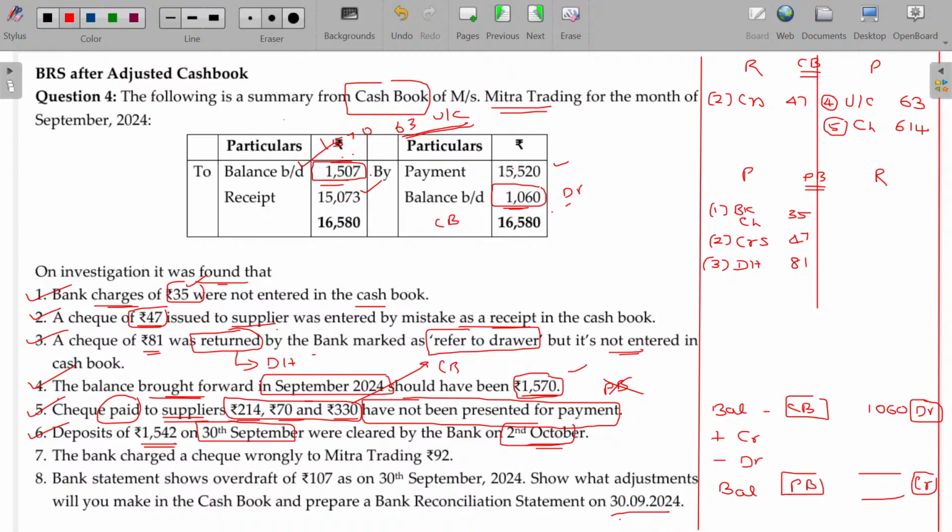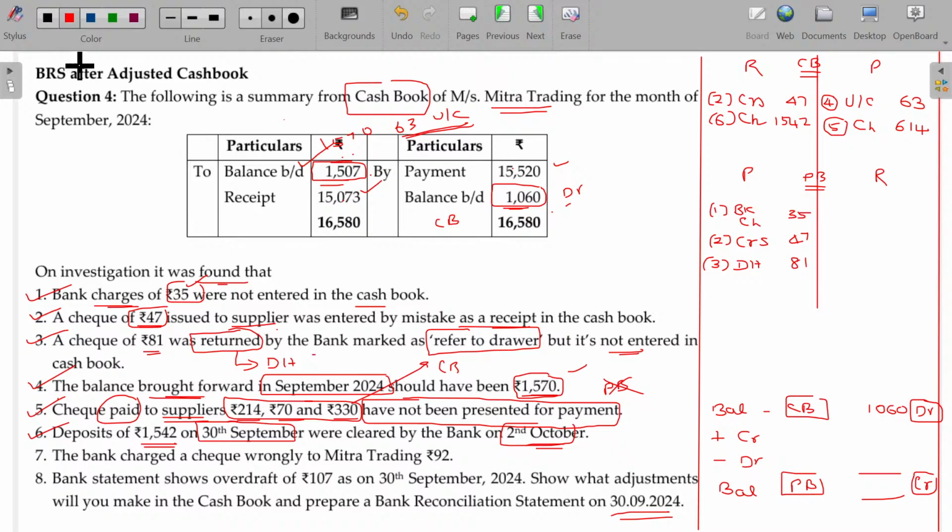We are going to prepare the BRS on which date? 30th. As on the 30th, banker has not recorded. It means I could have recorded only in my cash book. 1542, banker not recorded. So, sixth one, cheque related.